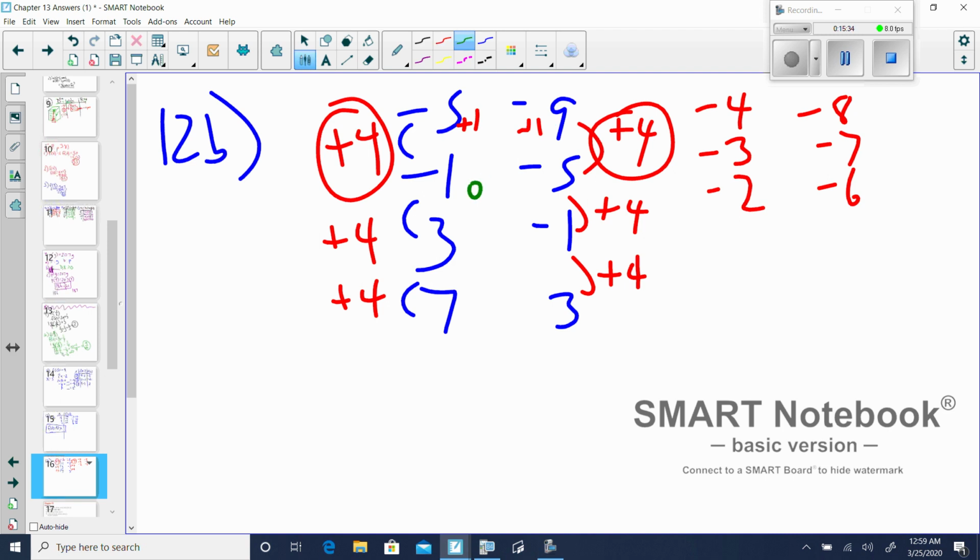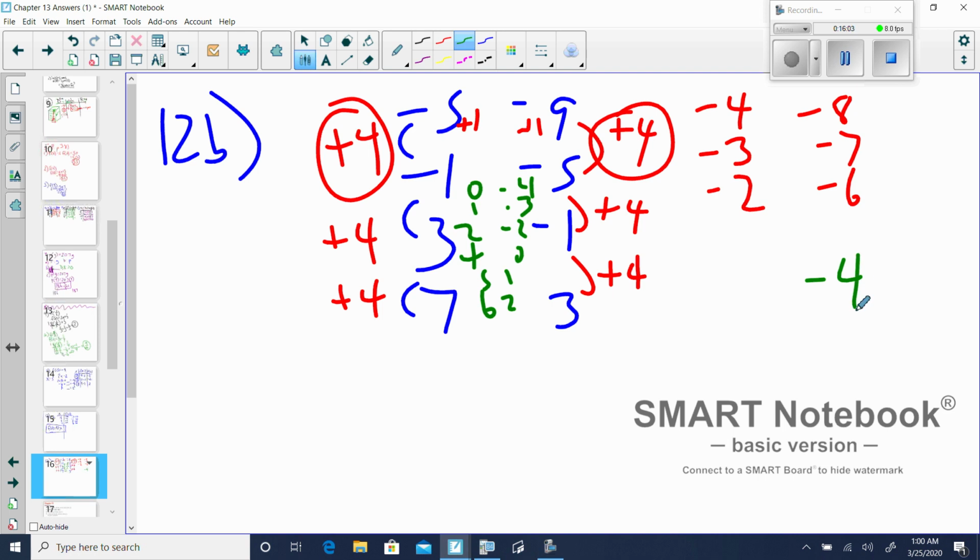So I'd have 0, -4, I'd have 1, -3, 2, -2, 3, -1, 4, 0, 5, 1, 6, 2. Ooh, very interesting right here. So we start out, even though we're increasing by 4 each time, because we have 0, -4.